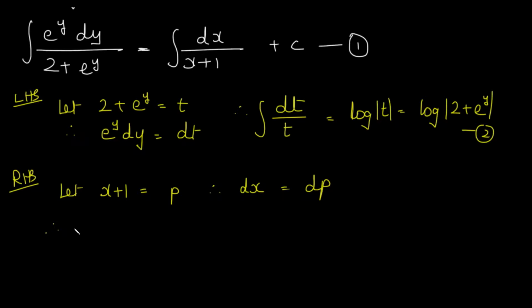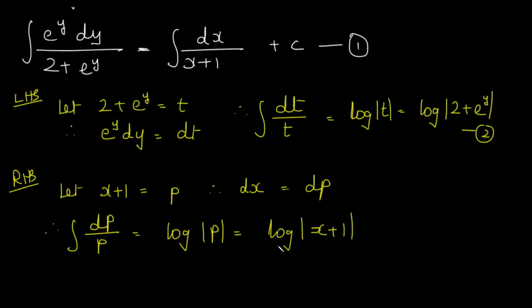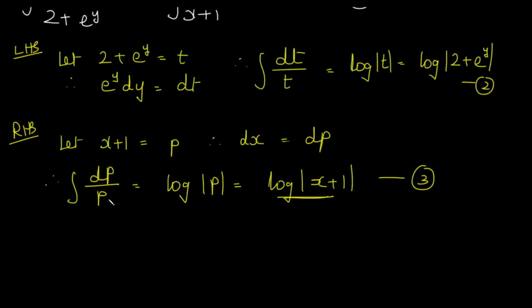And therefore we are going to get integral dp upon p. The answer for which is log p, which is log of 1 plus x, or x plus 1, whichever way you write, it's okay. So x plus 1 becomes our answer for the RHS. Suppose this is the third term. Substituting 2 and 3 in 1.